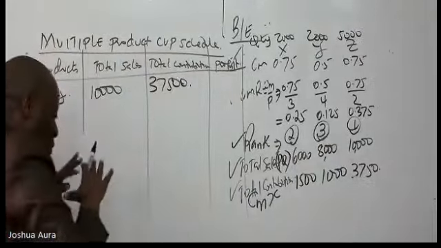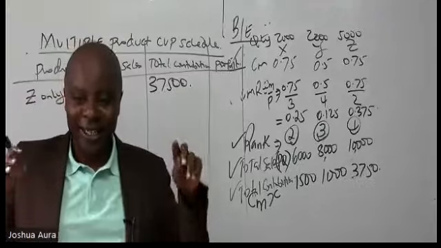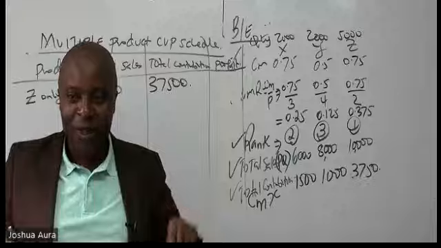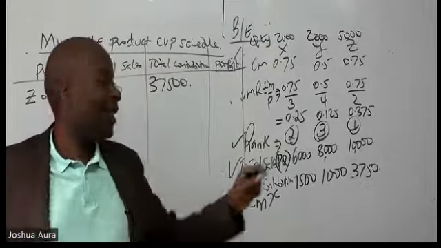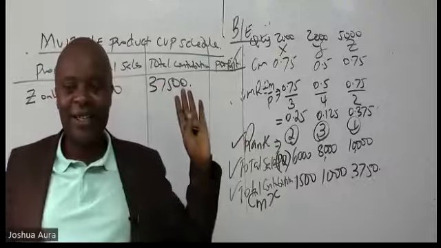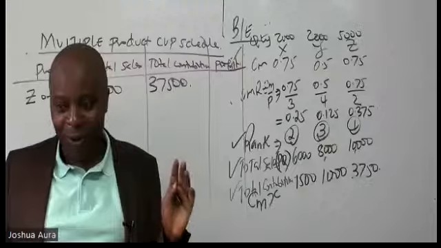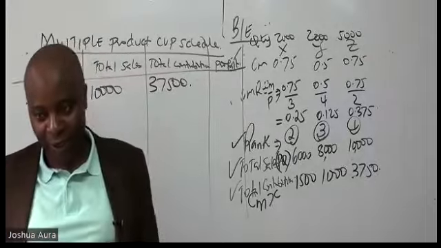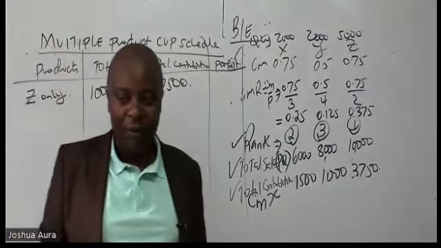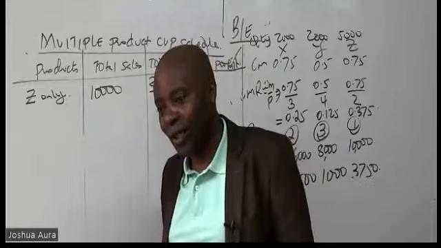Now, if you're going to produce just Z only, who can tell me the profit I'm going to generate given these metrics? If you're producing Z only, how much profit shall we post as an organization?